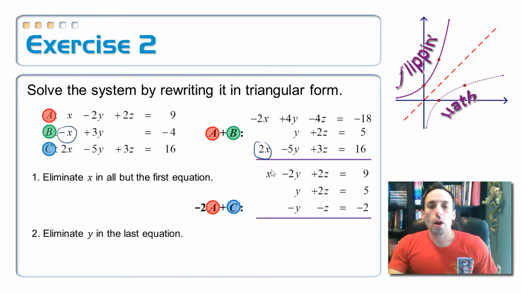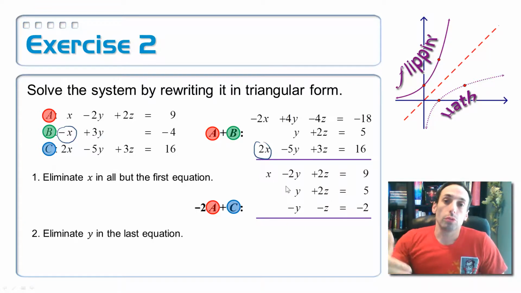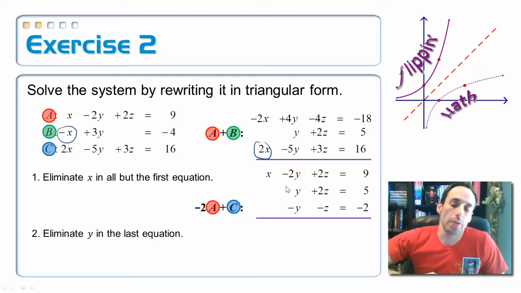So to eliminate the y in the last equation, the only thing that I can combine it with is the middle one, equation B, because it's the only one that has just a y in it with the z. If I used equation A with it, it would reintroduce an x, and I don't want that.